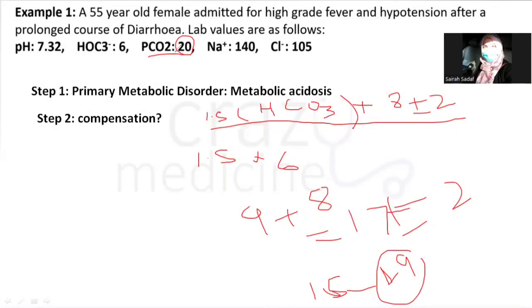Now tell me, is it compensated or not? Okay, you're saying it is respiratory acidosis. Is it less than the value compensated? Let's see what the answer is.